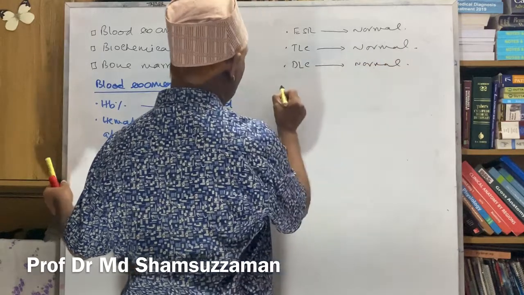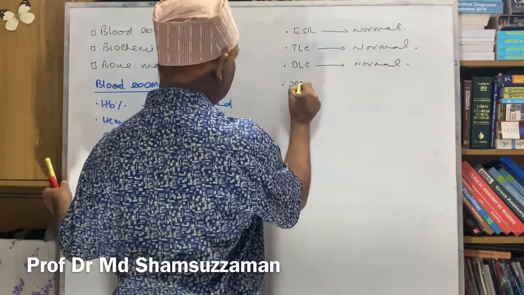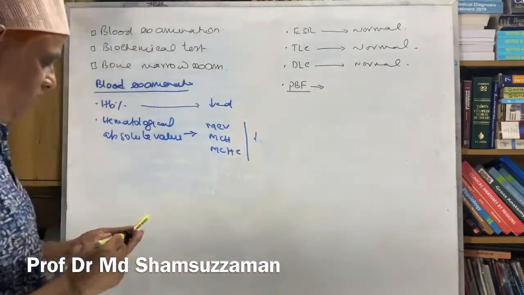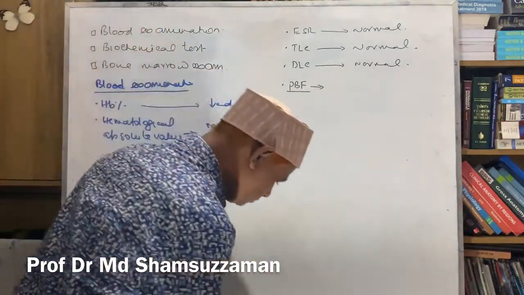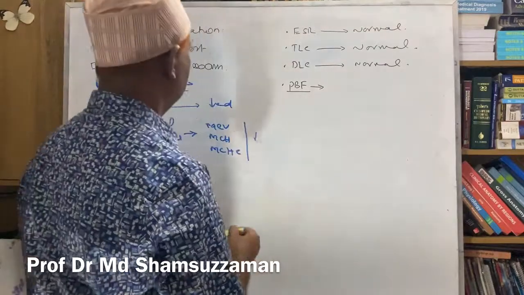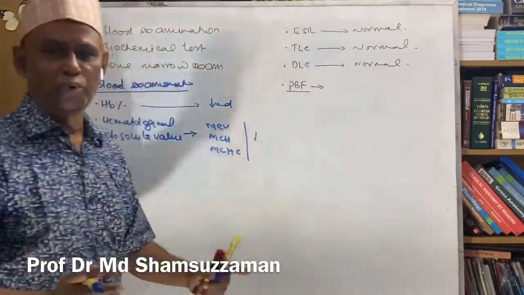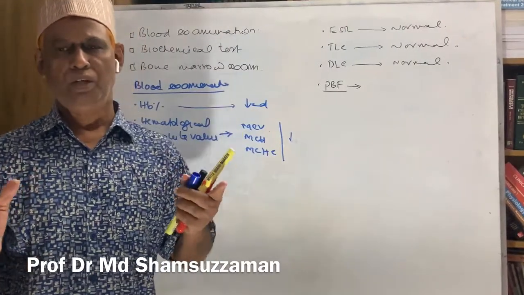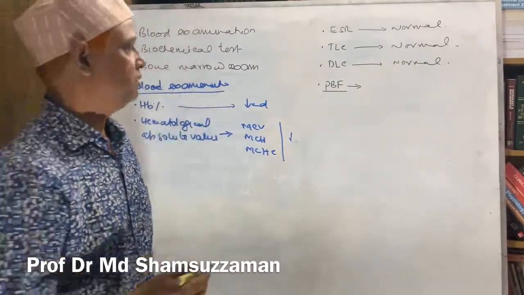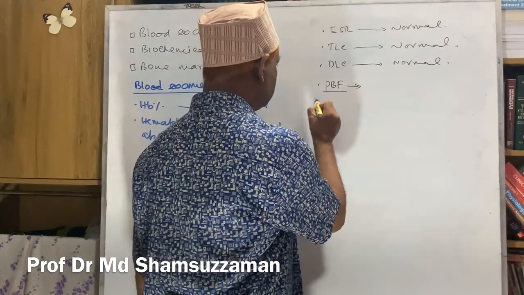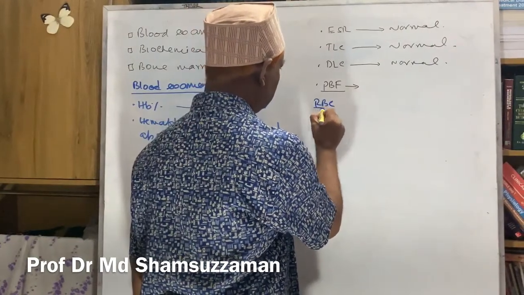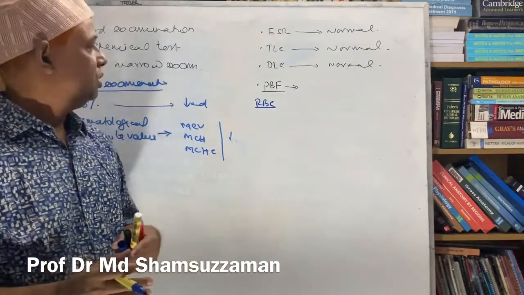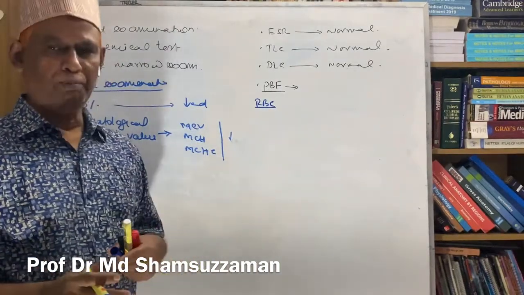We have to do peripheral blood film, PBF, it is important for iron deficiency anemia. In PBF we have to see RBC series, WBC series and platelets. Now come to first, RBC series. The cells of RBC series show microcytosis and hypochromia.